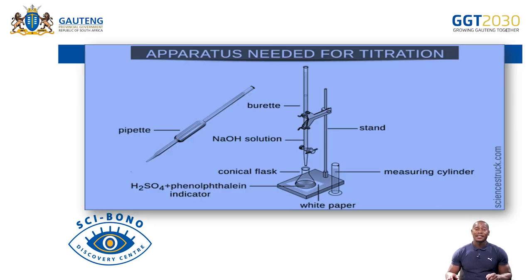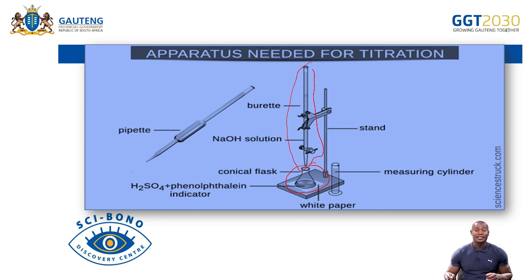So these are the apparatus that we need to perform a titration experiment. One, we need a burette. So this is a burette, and a burette measures the volume. We also need a conical flask, which is also known as an Erlenmeyer flask.